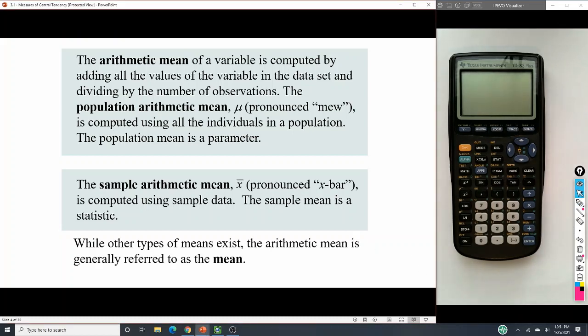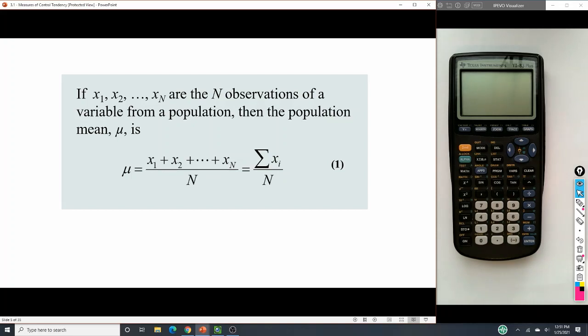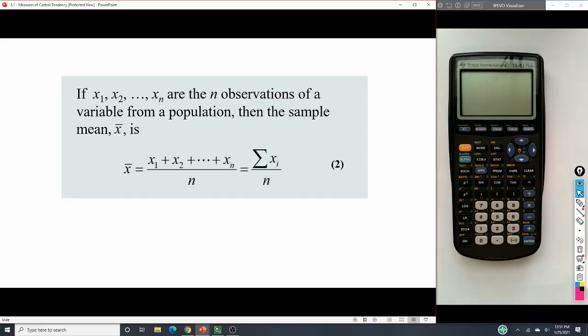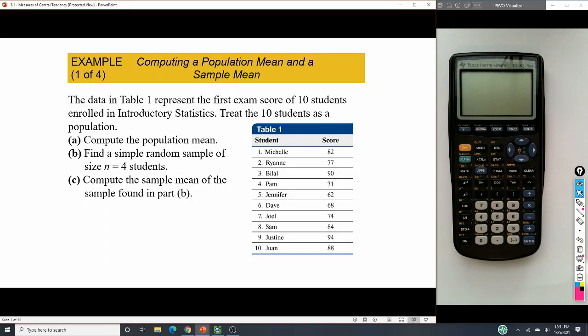And so we typically just call this the mean instead of the arithmetic mean. Now, the official definition formula for the mean is denoted here, and it just means add everything up, divide by the number of observations.